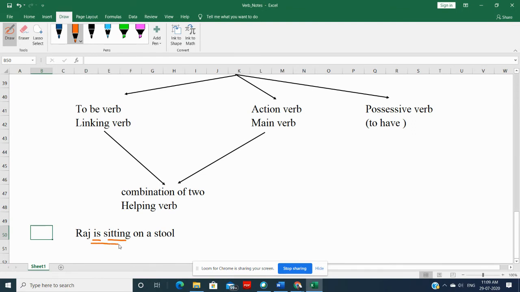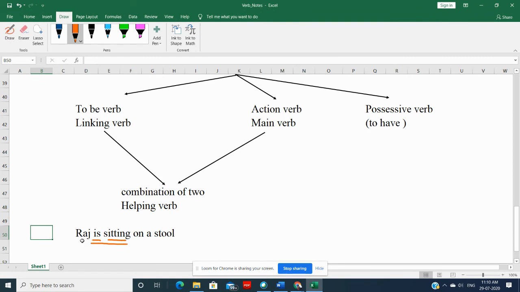When we combine these both verbs, we are getting a new kind of verb. But in this, is is your helping verb and sitting is your main verb. Alright? Now, actually this is your linking verb. Then why is it called a helping verb here? The reason is this is the main verb sitting and is is just helping this main verb to stand.